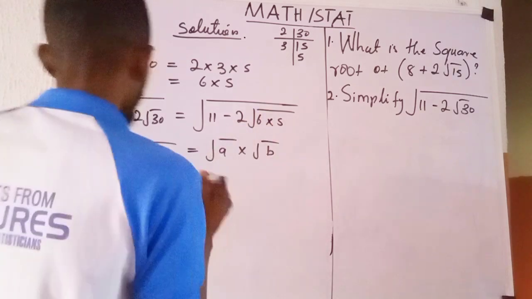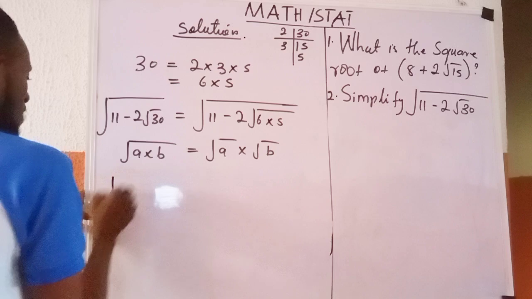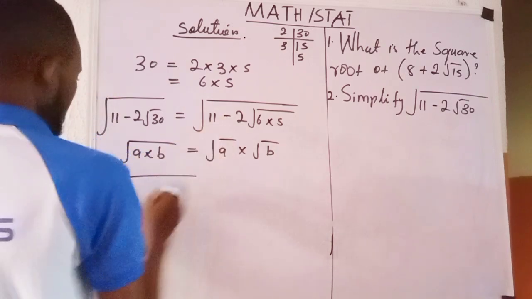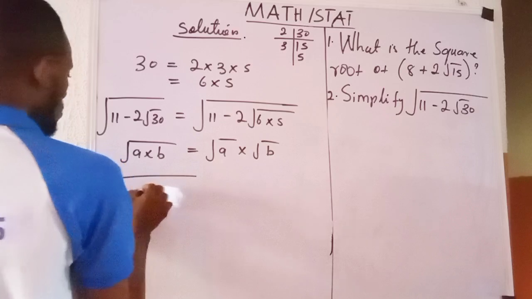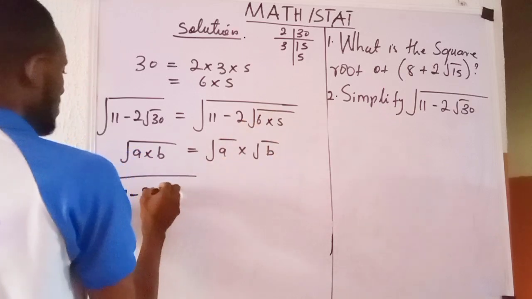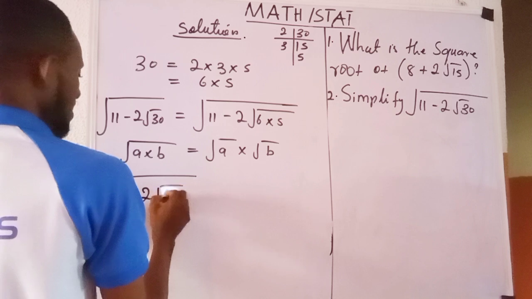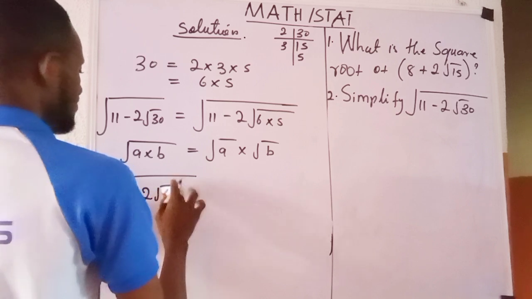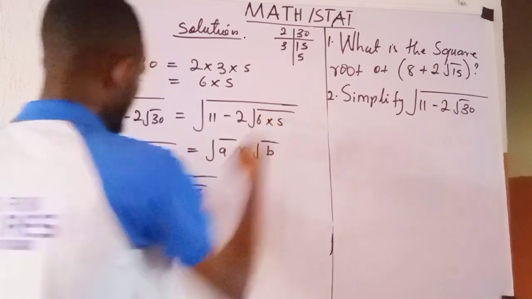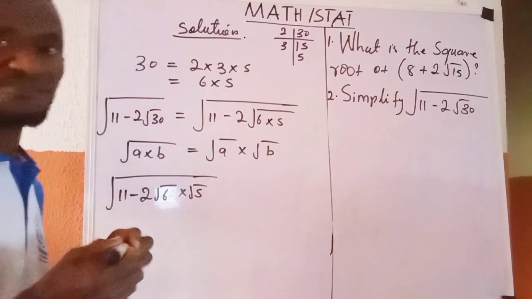And then what I now have is the square root of 11 minus 2. Instead of writing the general square root, I am going to say root 6 times root 5. This and this are the same thing.